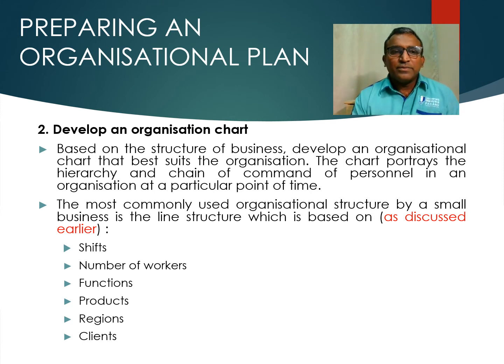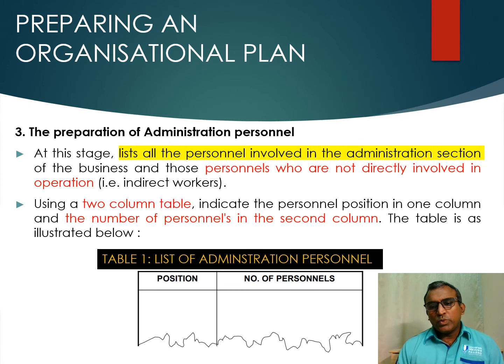So like that. Since this is administrative planning, put all the list of administrative personnel. Normally, administrative personnel are all the big shots, the big bosses, managers, CEO. If it's a smaller company, also include the supervisors. The next slide we see better in an example.